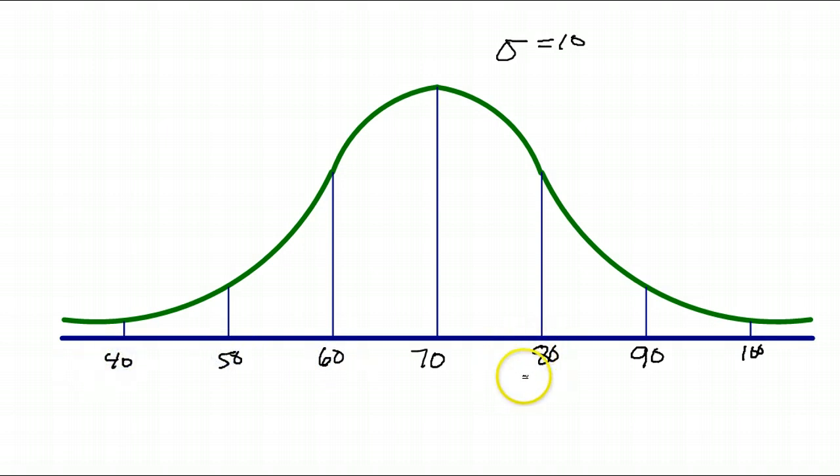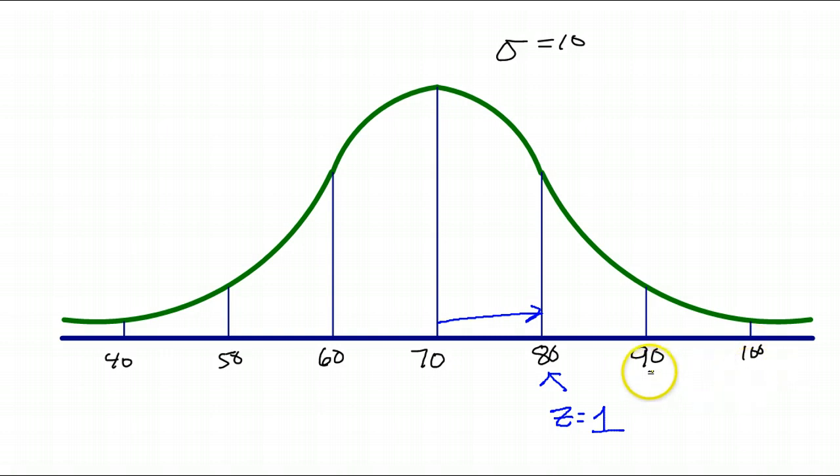Now, if you have a score of, let's say, 80, this would translate into a z-score of 1. The reason why is because 80 is one standard deviation above the mean.